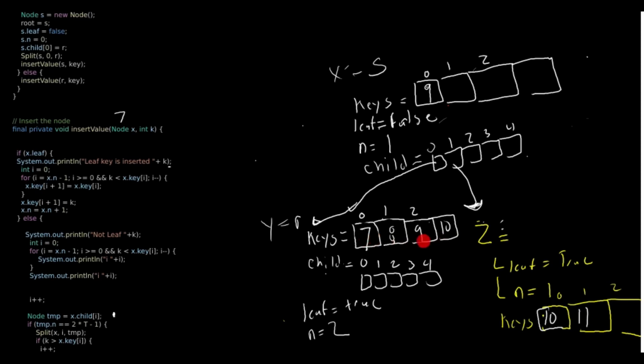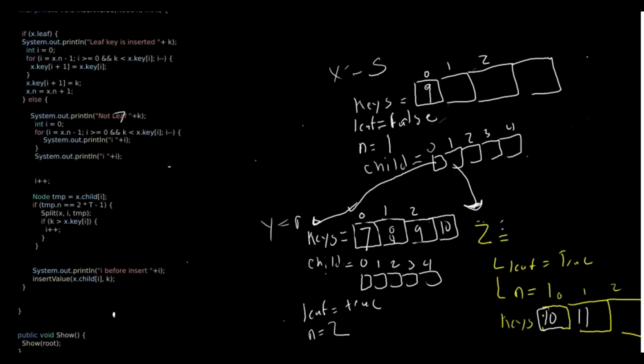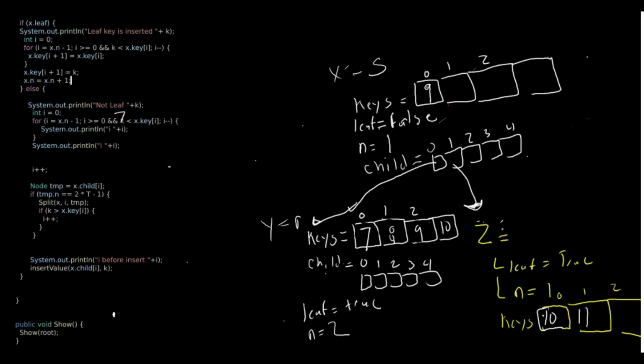Okay. And this here now becomes 2. Okay, 7, 8, 9, 10. This is why right here we explain that we have an extra space in the array. We always need to, that's why we do t times 2.